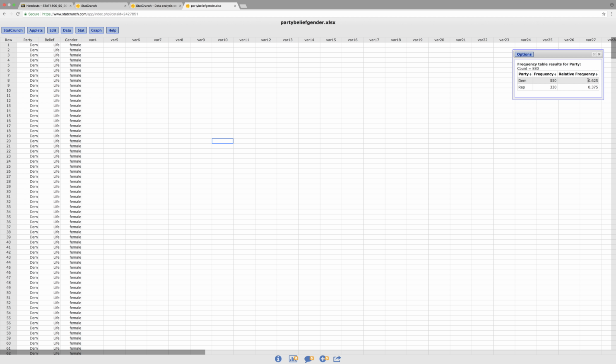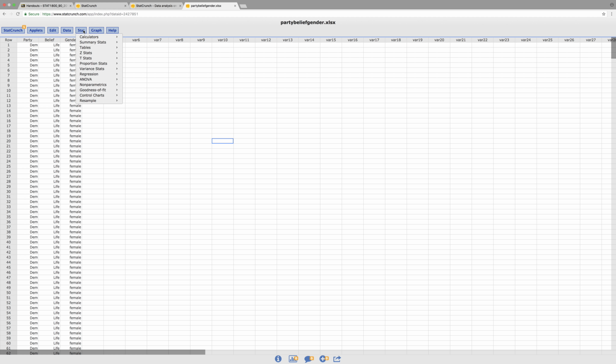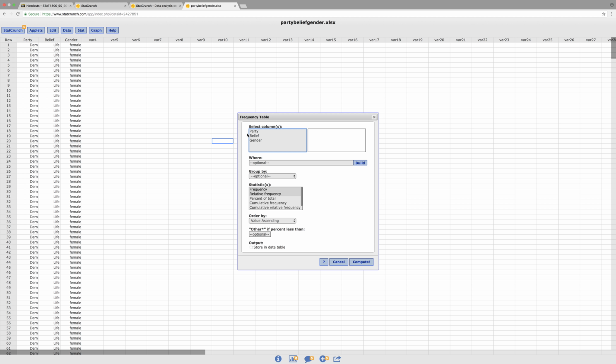So 62.5% of my sample is Democrat and 37.5% are Republican.